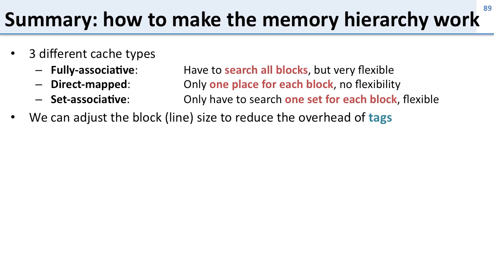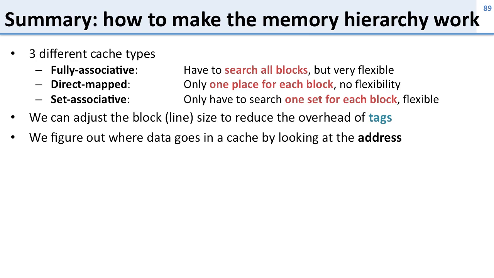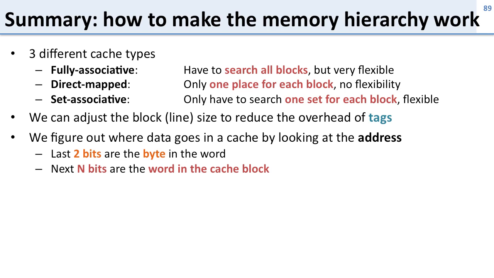We talked about how we can adjust the block or line size to reduce the overhead of tags. We figure out where data goes in the cache by looking at the address bits. Remember, the last 2 bits determine the byte in the word, and then we have n bits, which determine which word in the cache block or which set, and the remaining bits are for the tag.